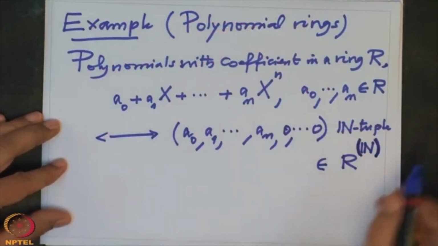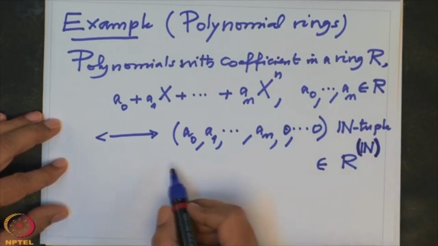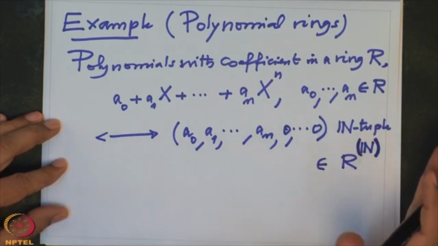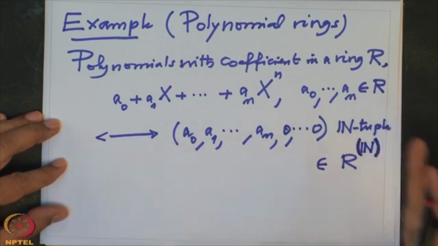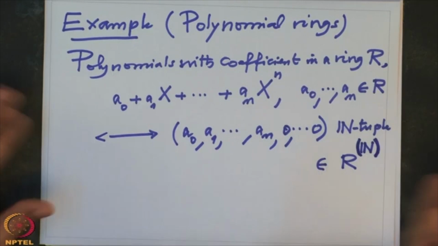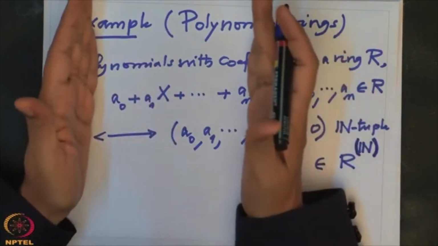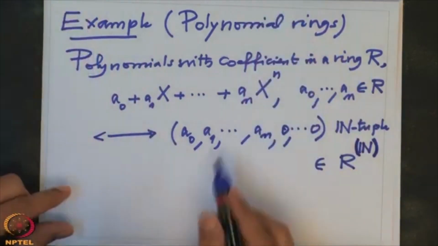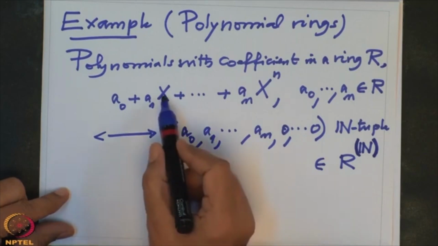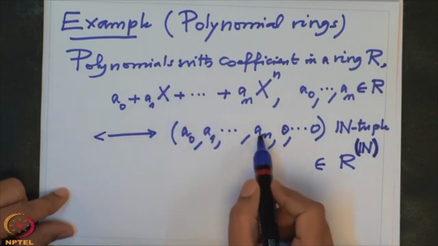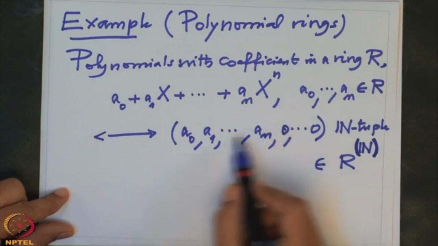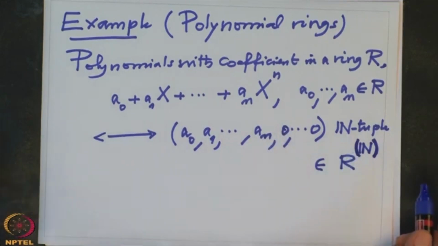This means there are N-tuples with entries in R, and only finitely many entries are non-zero. So eventually after some stage all the entries will become 0. So either think like this or think of an expression like this: at position a1 you put a symbol x, and you keep increasing the powers of x. That is typically how one thinks about polynomials.